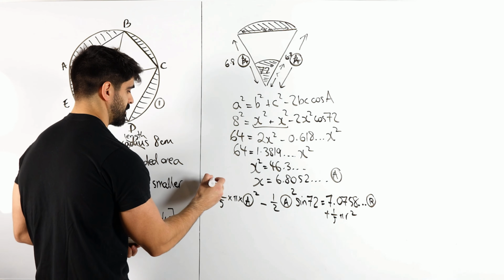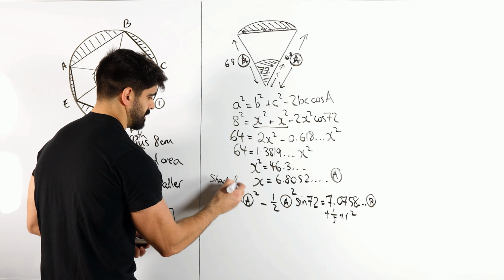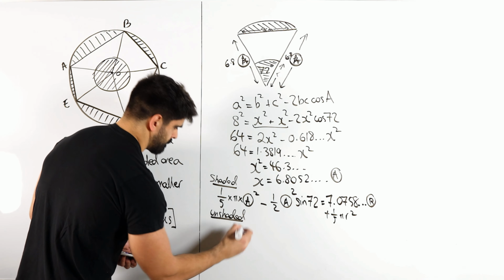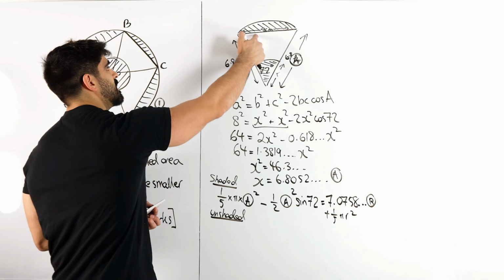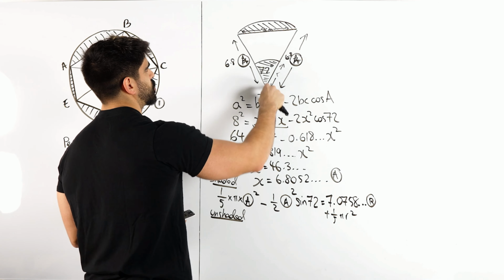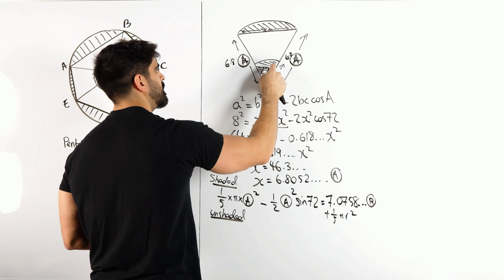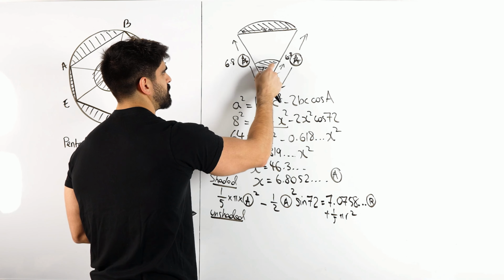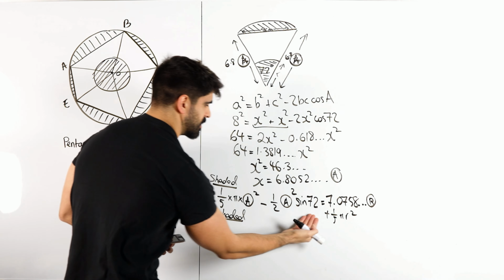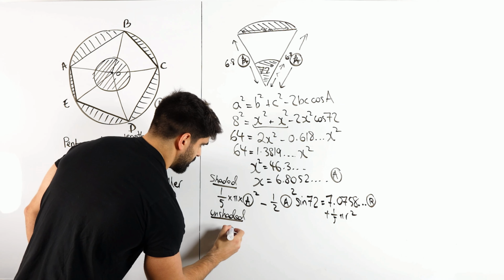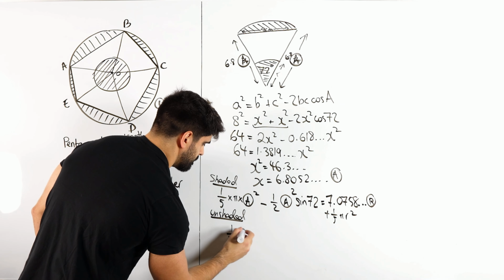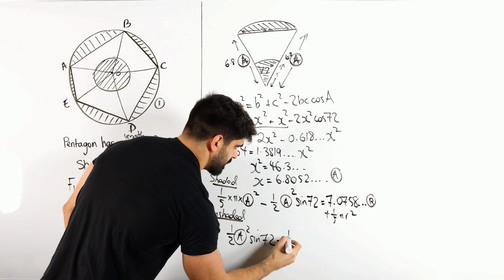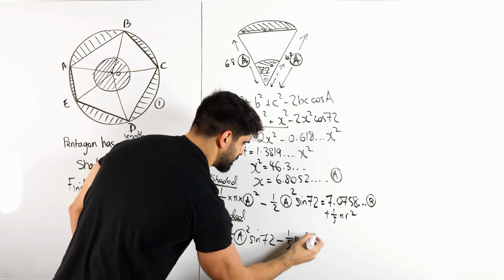The unshaded bit is going to be the triangle minus this. So my triangle is just this: we're doing a half A squared sine 72 minus that 1/5 pi r squared.